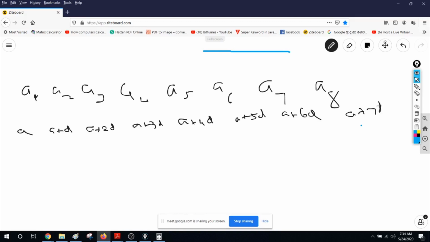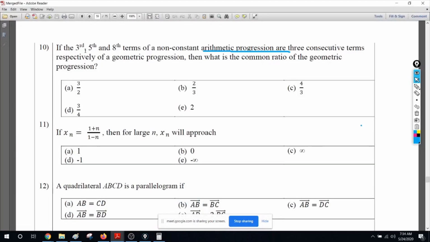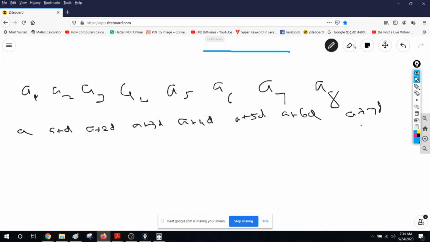Right. So what they are talking about is the third, fifth, and eighth terms of a non-constant arithmetic progression. Okay, so I am just marking third, fifth, and eighth. So I'm interested in this term, and this term.